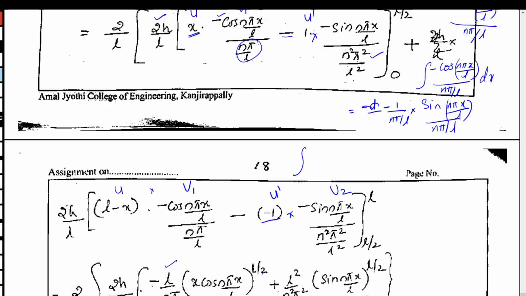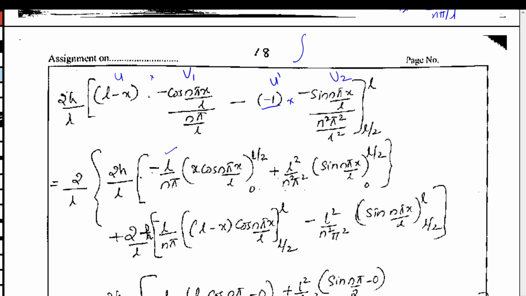Minus into minus is plus. The reciprocal of this term is L square by n square pi square into sin n pi x by L, which varies from 0 to L by 2, plus the next term, 2h by L into, here also this minus L by n pi can be taken outside, into L minus x into cos n pi x by L varies from L by 2 to L. Minus, minus, minus: the product of three minuses is going to be minus, and the constant term becomes L square by n square pi square into sin n pi x by L, which varies from L by 2 to L.